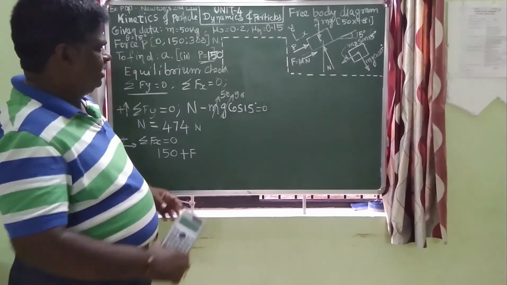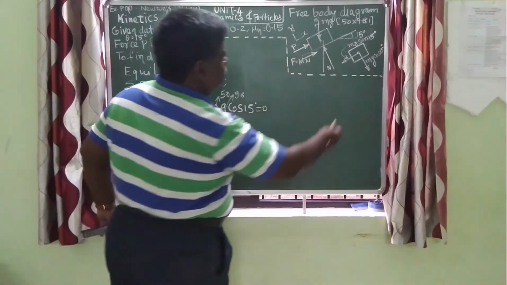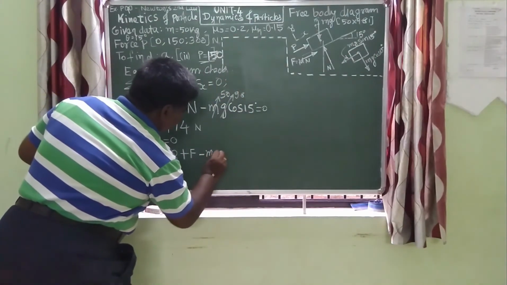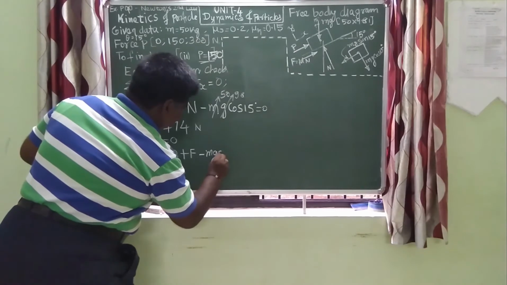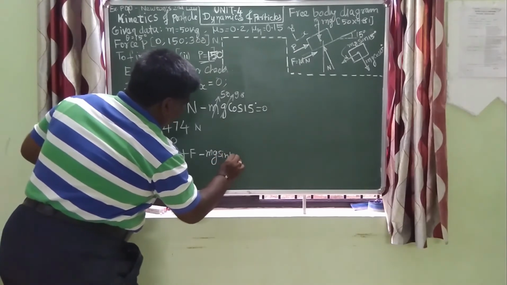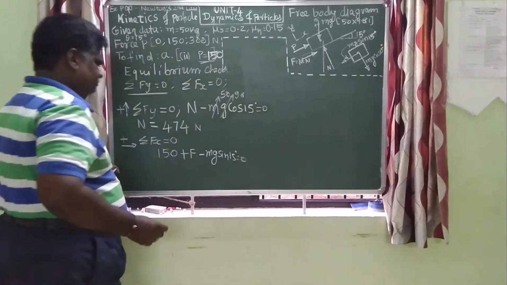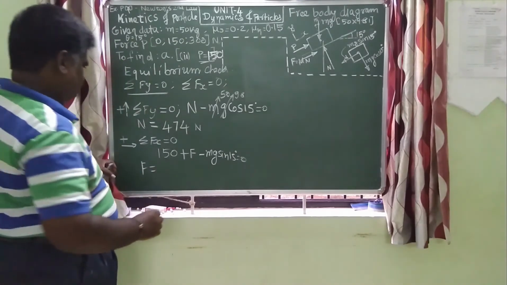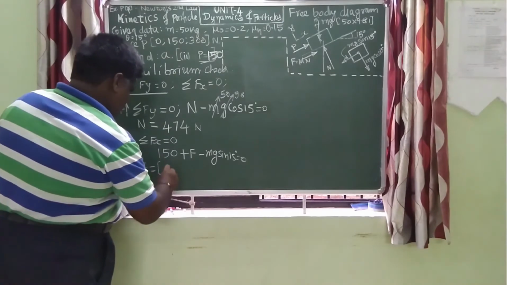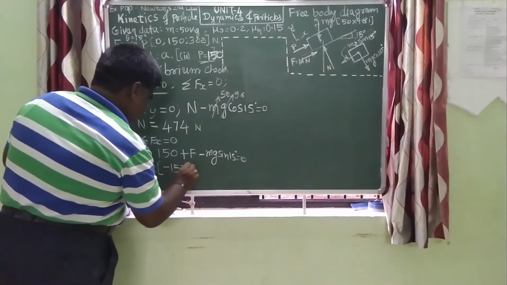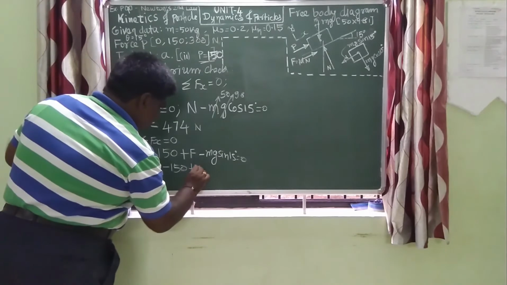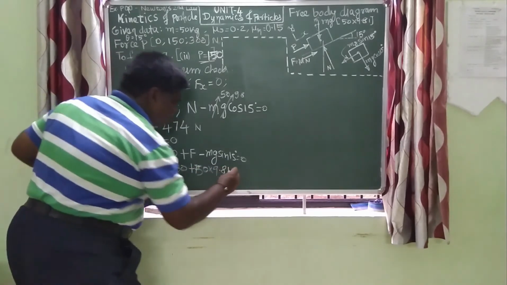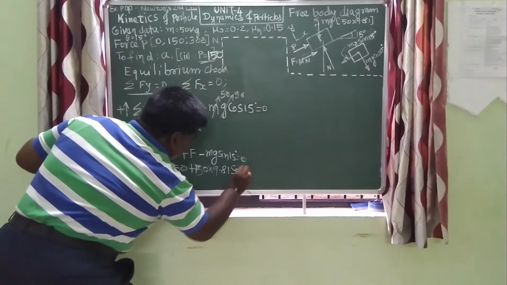Then another force will be acting in the x direction, mg sin 15 degree, equal to 0. From that, F equal to minus 150 plus 50 into 9.81 sin 15 degree.